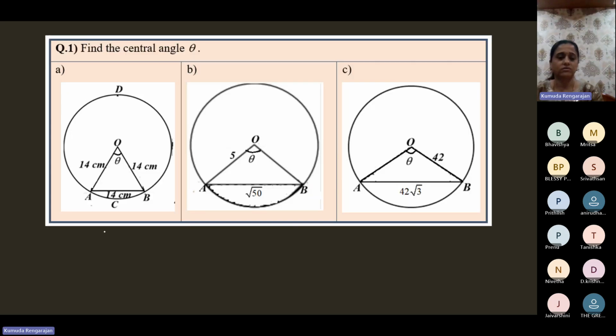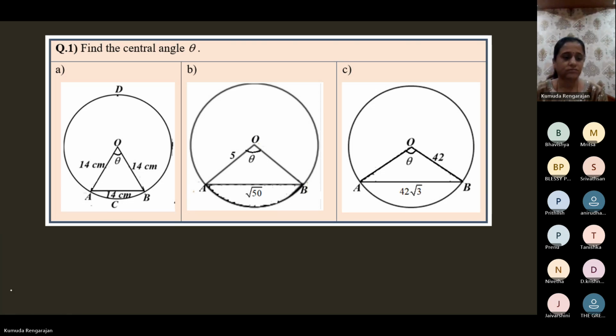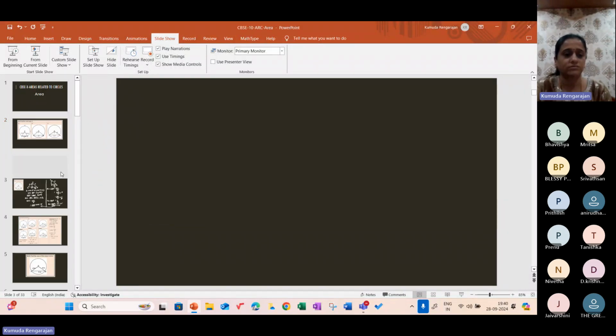Yeah, please write down, draw this figure. One minute, just a minute.